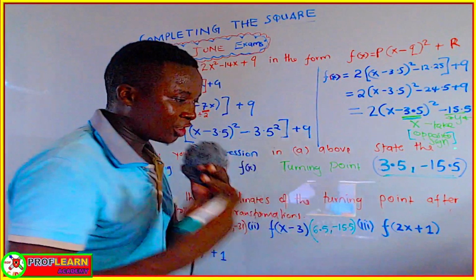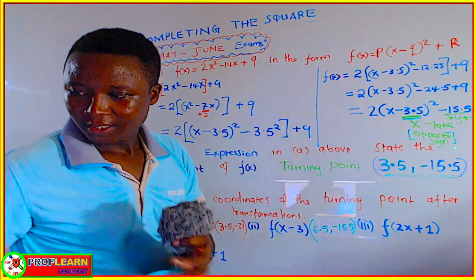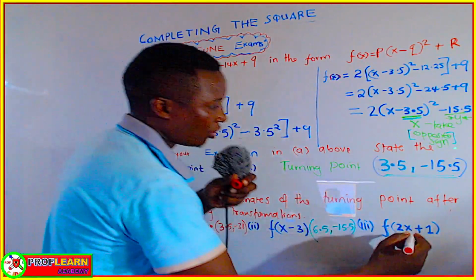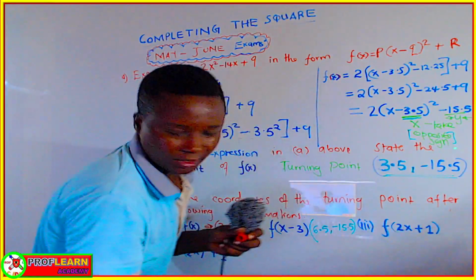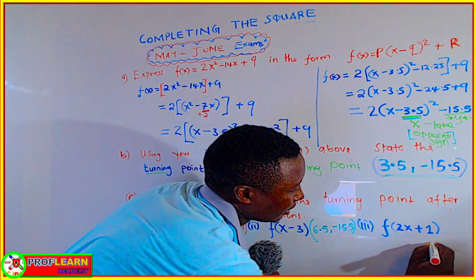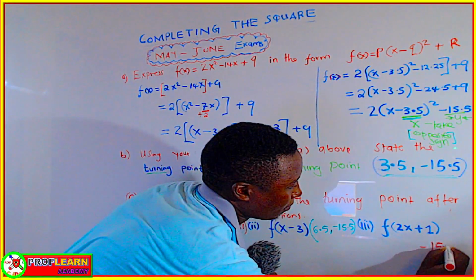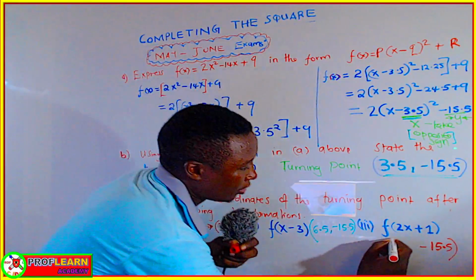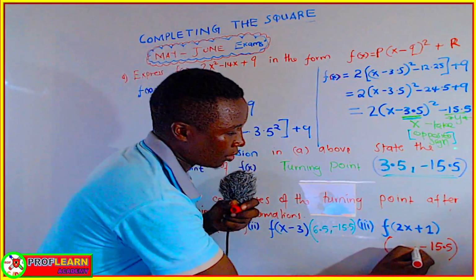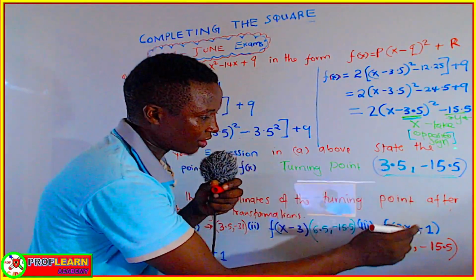So y is going to remain the way it is. So how are we going to approach that? Negative 15.5 is going to remain the way it is here. But we need now to find the new x coordinate because of this transformation.